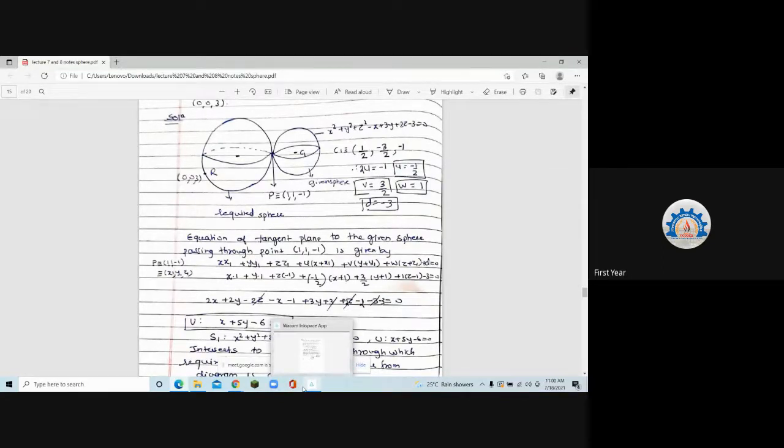This equation is given to you, which is the sphere. Find its tangent plane first. So what's the tangent plane? x x1 plus y y1, you will find it with that.